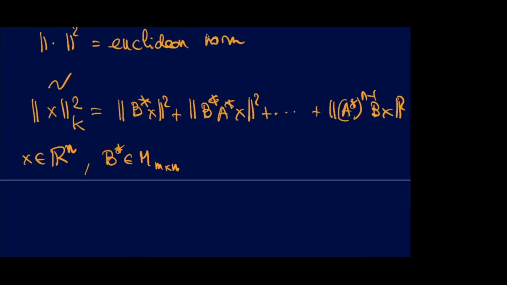Out of this huge vector x, for which I wanted to compute the whole norm, I have simply taken an m-dimensional projection, B* x. But here, I have taken again an m-dimensional projection through B*, but not of x, but of a rotation of x by the matrix A*.